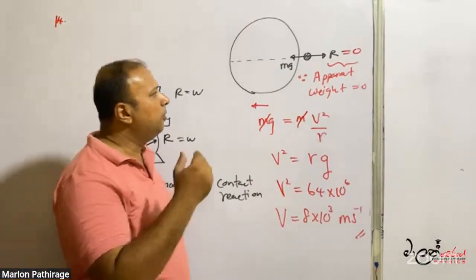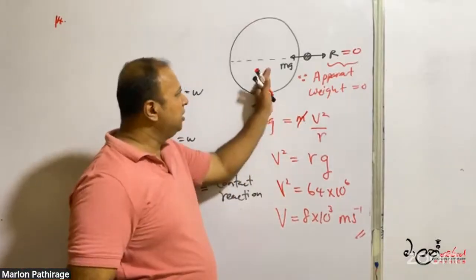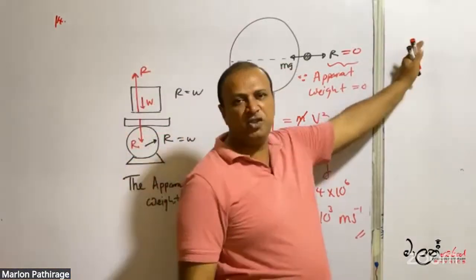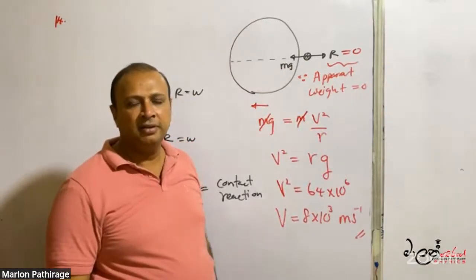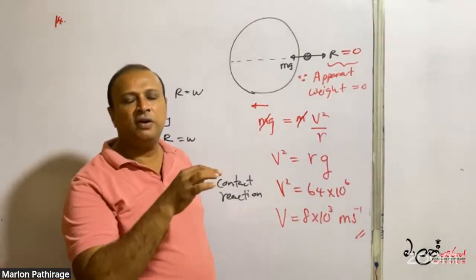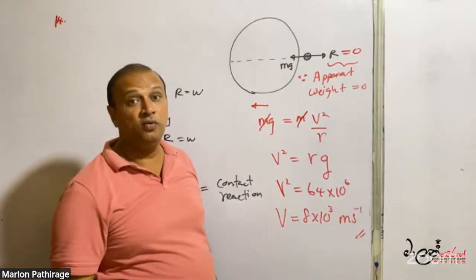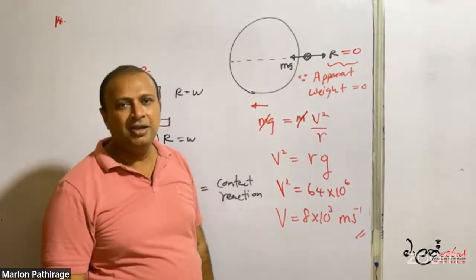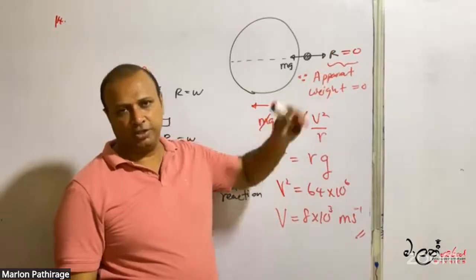Therefore, if you increase the distance between the object and the earth, then the weight of the object decreases depending on the distance from the earth center to the object.